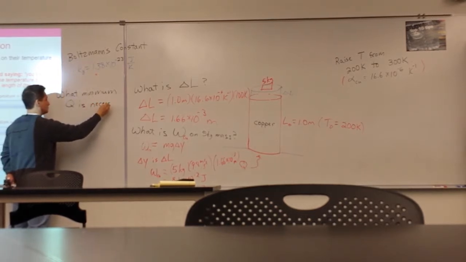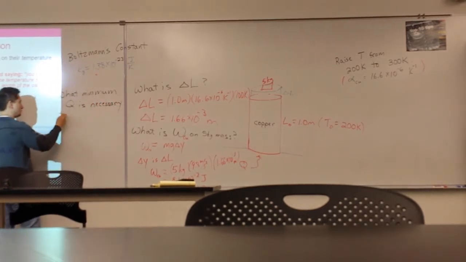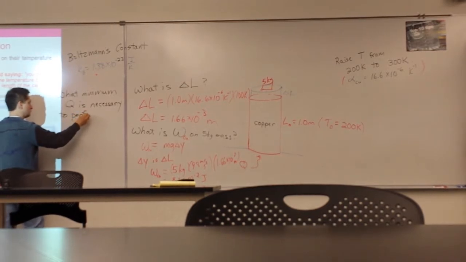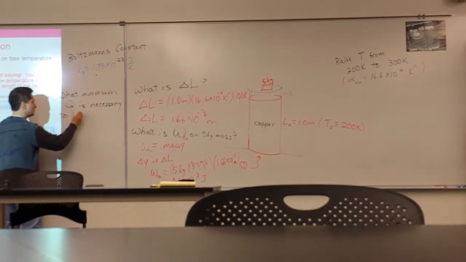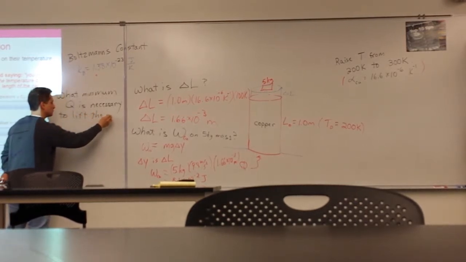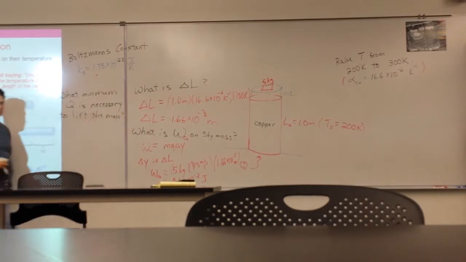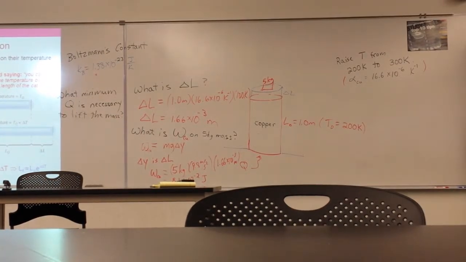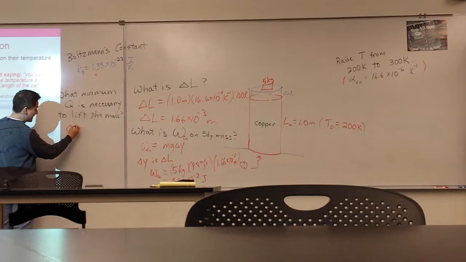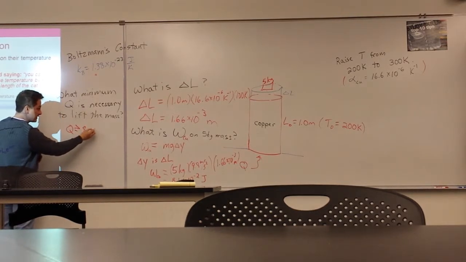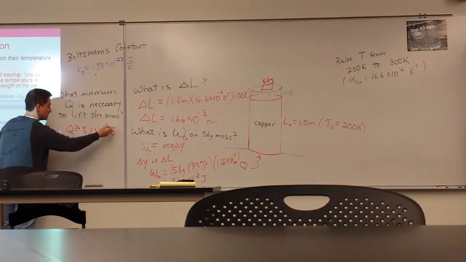It should be that, right? It has to be at least equal to 8.1 times 10 to the negative 2 joules.